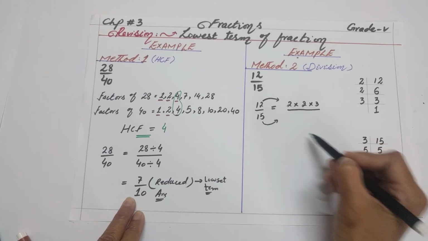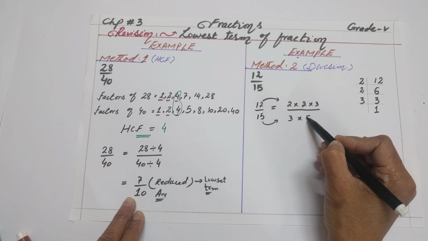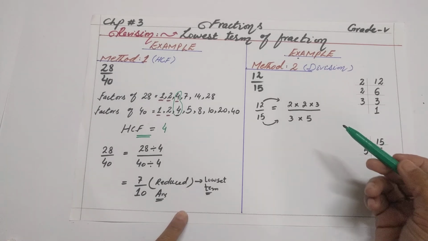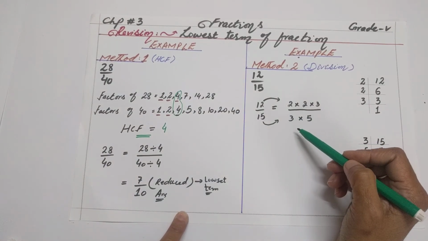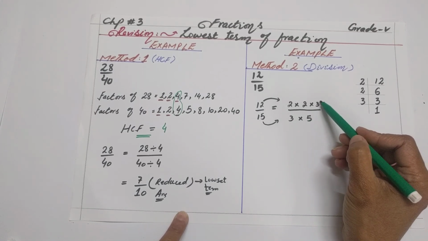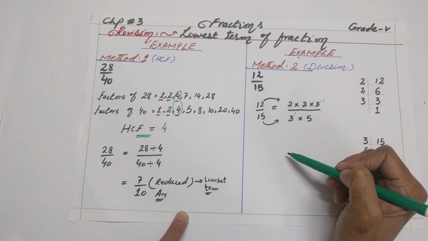Then prime factors of 15, 3 and 5. So after division you have to write the prime factors of the numerator and denominator. Then you have to check, is there any prime factor which is common in both? Yes, 3. You can cross out the 3. 3 ones are 3 and 3 ones are 3.